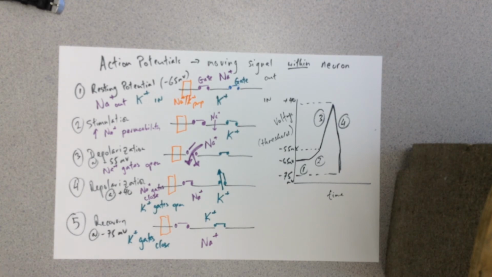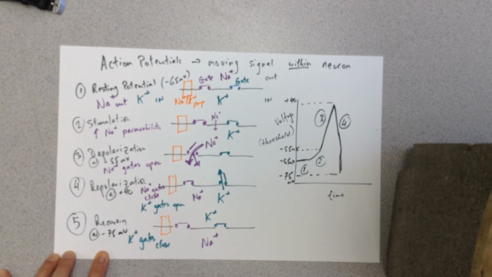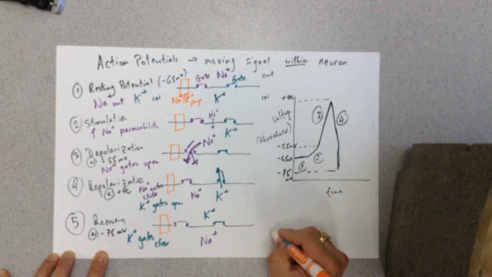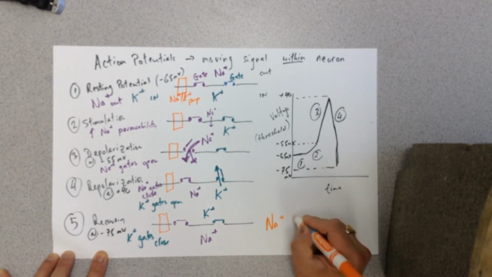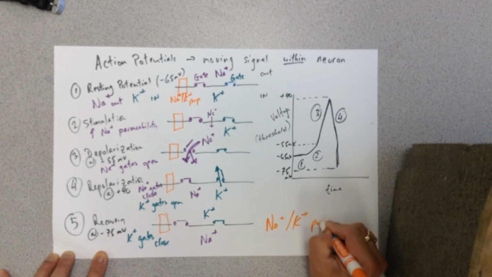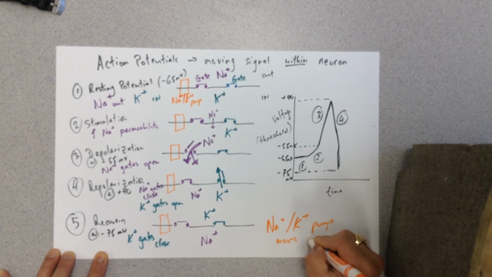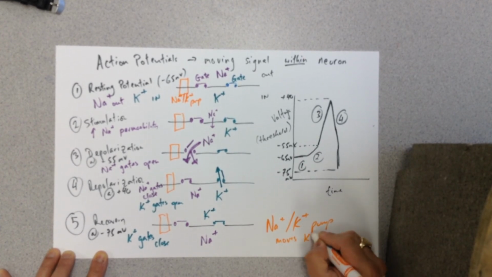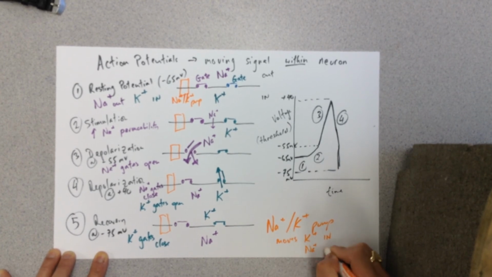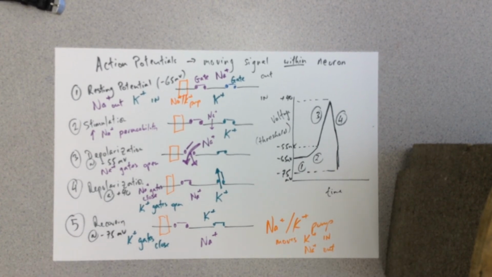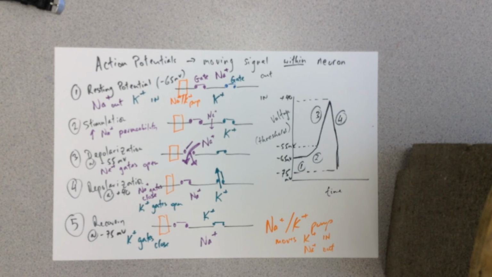So now it becomes important to talk about this pump here, the sodium-potassium pump. During the part that's called recovery, we have the sodium-potassium pump. What it's going to do is it moves potassium in, and it moves sodium back out. So it's going to act to restore the ion concentrations.